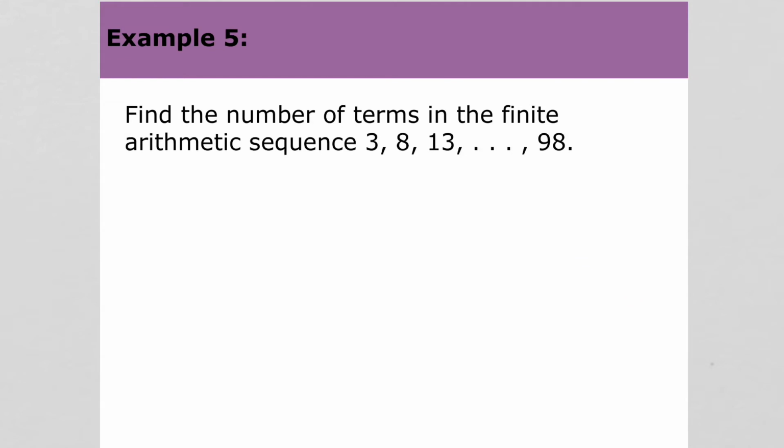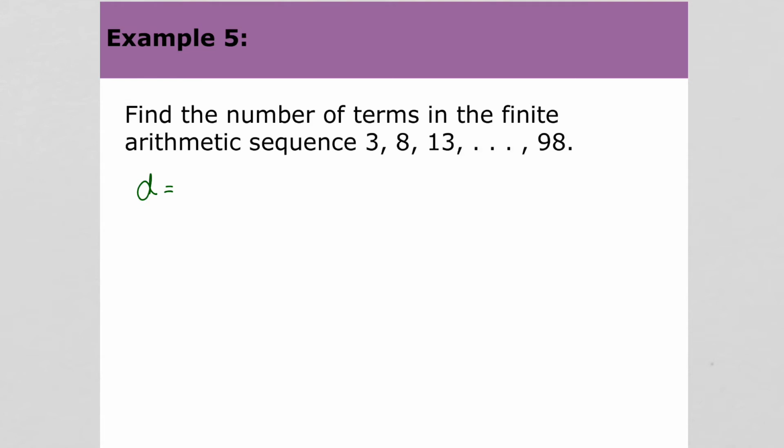Example 5 says, find the number of terms in this finite arithmetic sequence. So we can see here that we've got the first term, and we've got the last term. And we want to see what n is for that last term. That will tell us how many terms there were. Our first step is to find d.